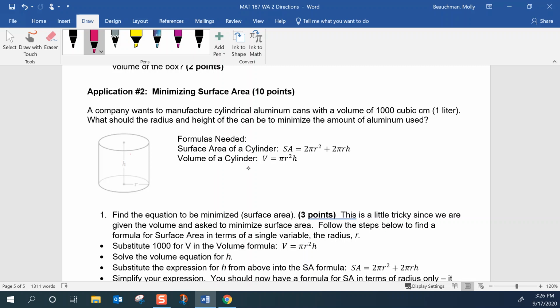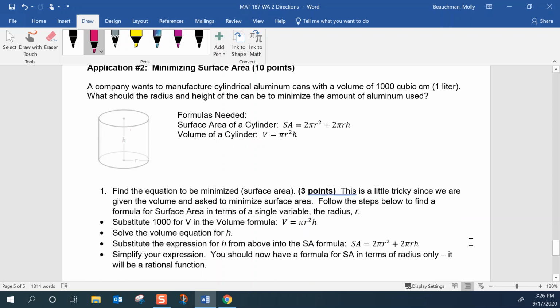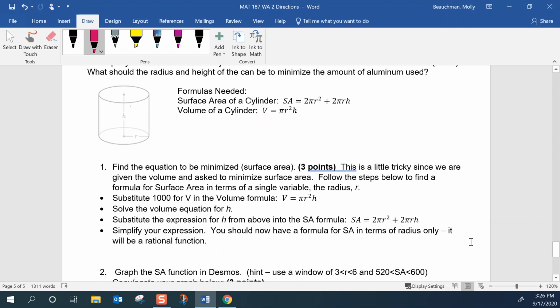The volume of a cylinder is pi times r squared times h. So number one is going to lead you through how to find the equation to be minimized. And it's a little tricky because we're given the volume and asked to minimize surface area. So follow the steps to find a formula in terms of a single variable r.